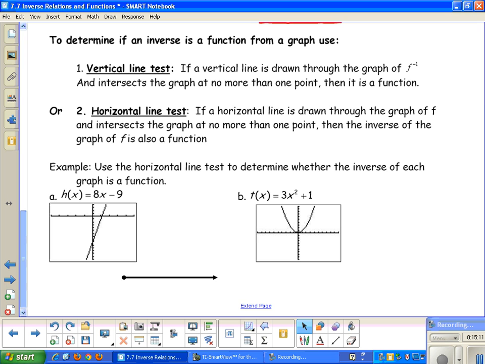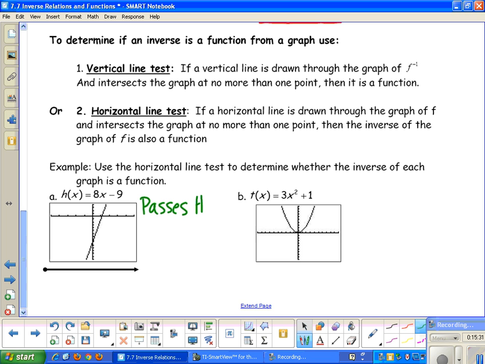So now if I do that for this problem here, if I look at my original function, h of x is equal to 8x minus 9, notice that this only hits in one spot as I move it up and down on my graph, and I could zoom my window out also to see that. And it's a line, so I know it's going to. So this passes the horizontal line test.